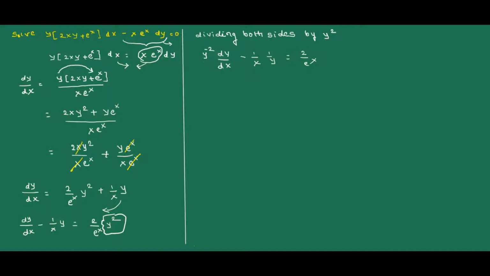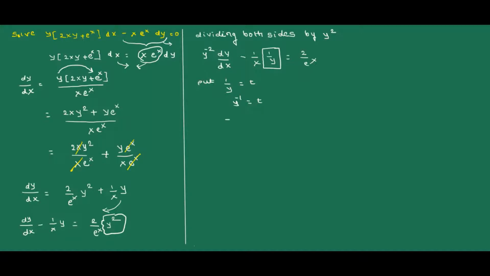Now put 1 divided by y is equal to t. Put 1 by y is equal to t, or y raised to minus 1 is equal to t.